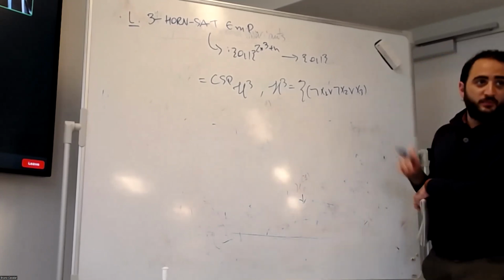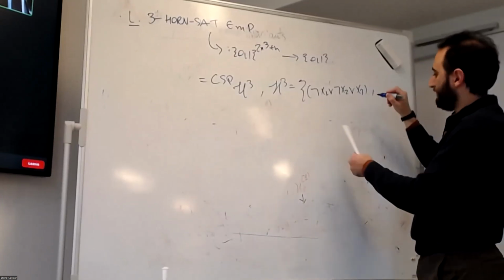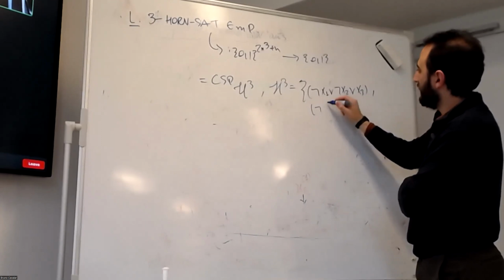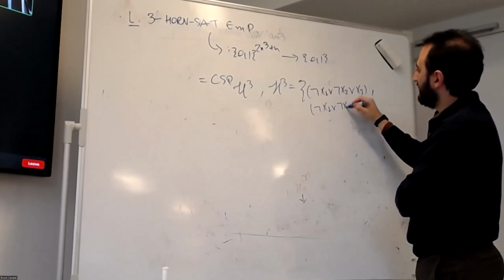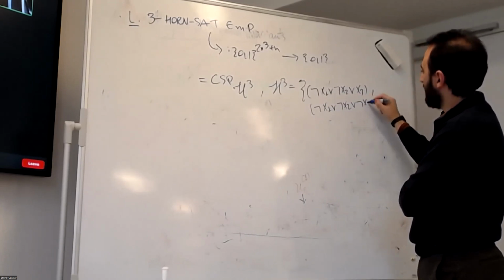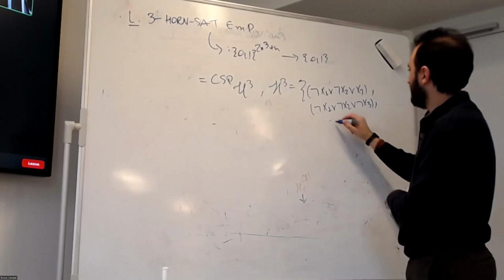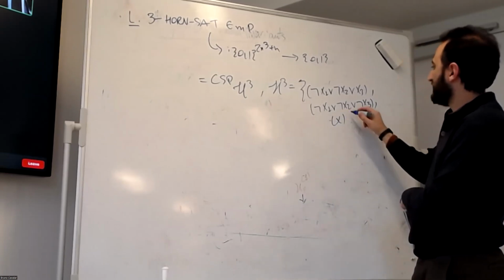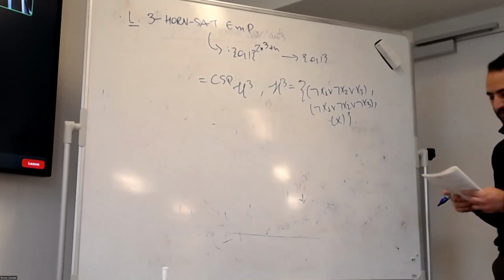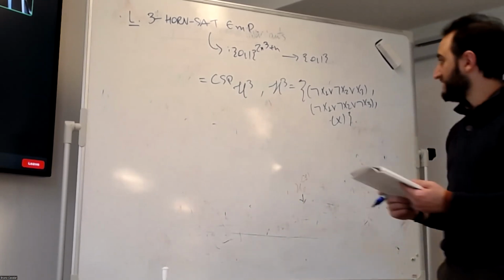So we have always at most one positive literal, right? We can allow them to be all negated. We can also allow not x, or sorry, x. That's enough.